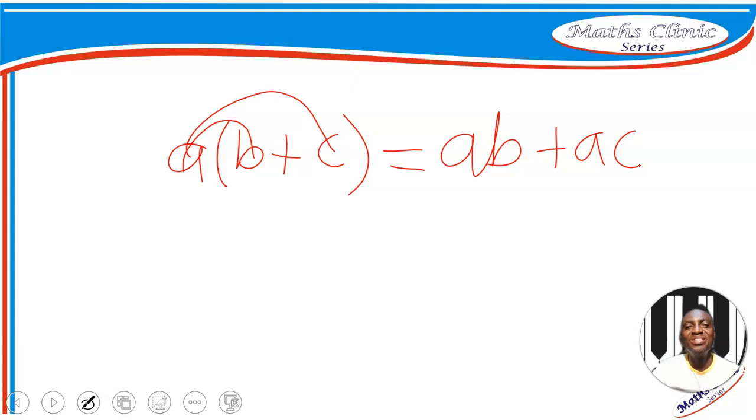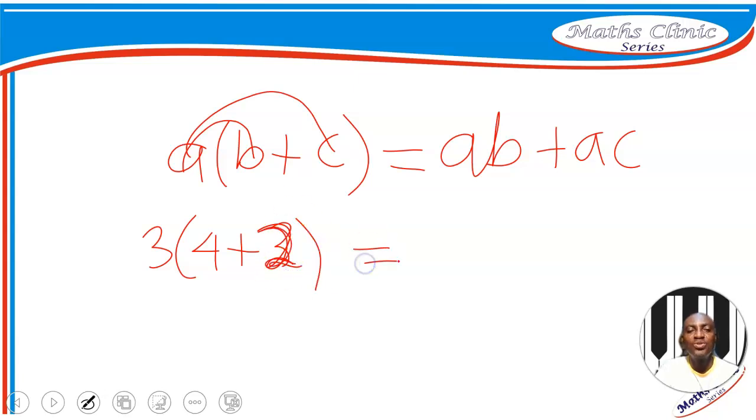Let me put in numbers, say 3 into bracket 4 plus 2. When I expand this, I have 3 times 4 plus 3 times 2.